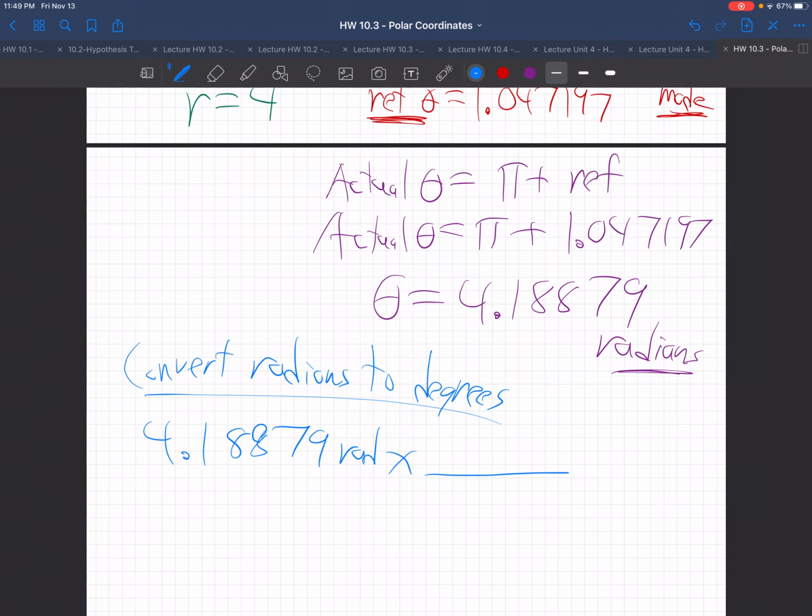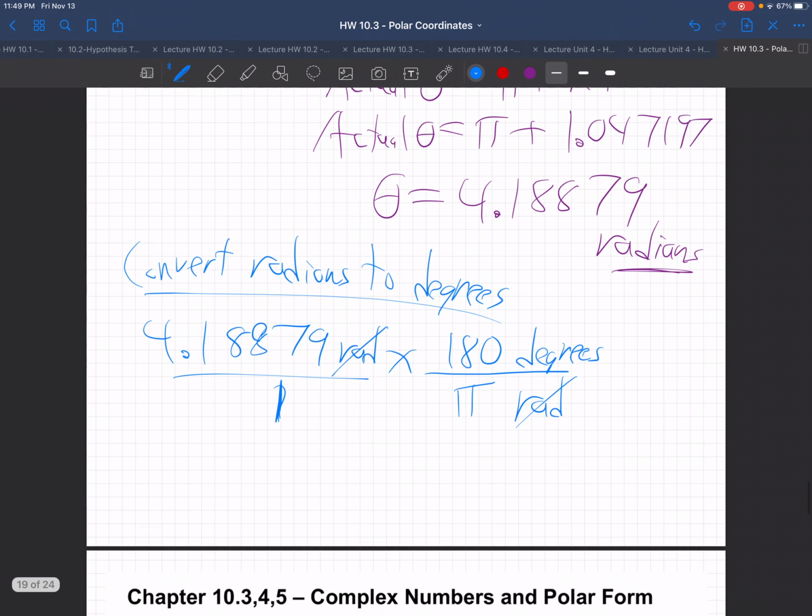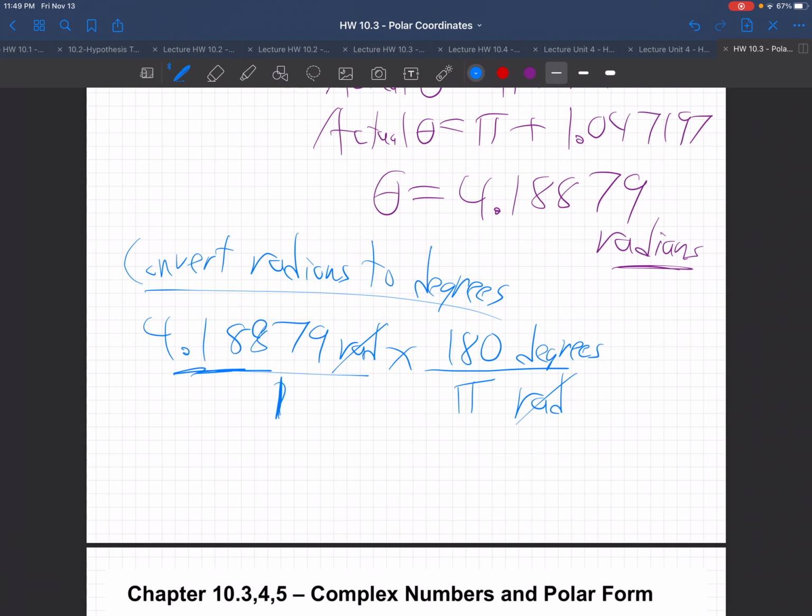Remember how to convert? This is over 1, really. You've got to put radians on the bottom so radians cancel and degrees on the top, like so. And then there's 180 degrees in pi radians, right? So if you do that, you take 4.18879 times 180 divided by pi, right?